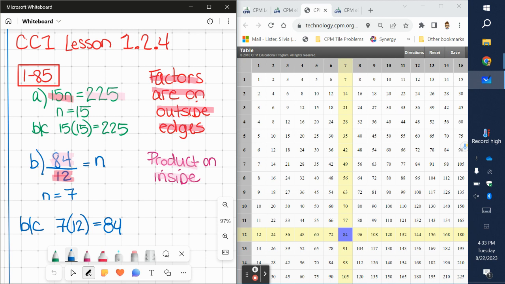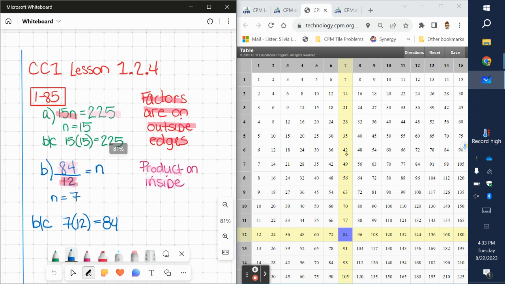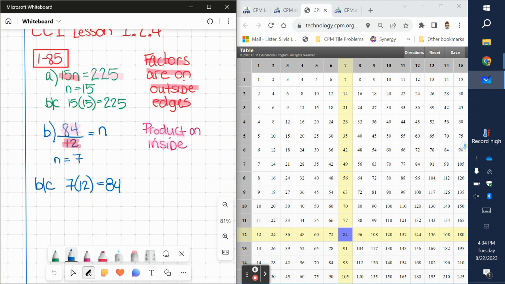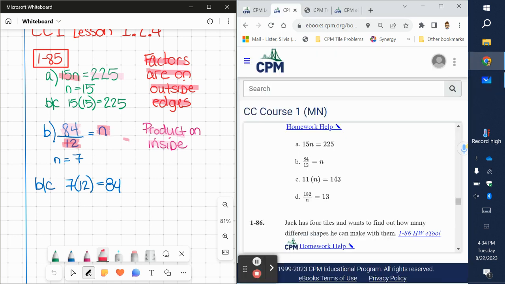Hopefully you recognize that division is backwards of the multiplication. So let's do letter C and see if you can piece that out. This means my answer was a factor.